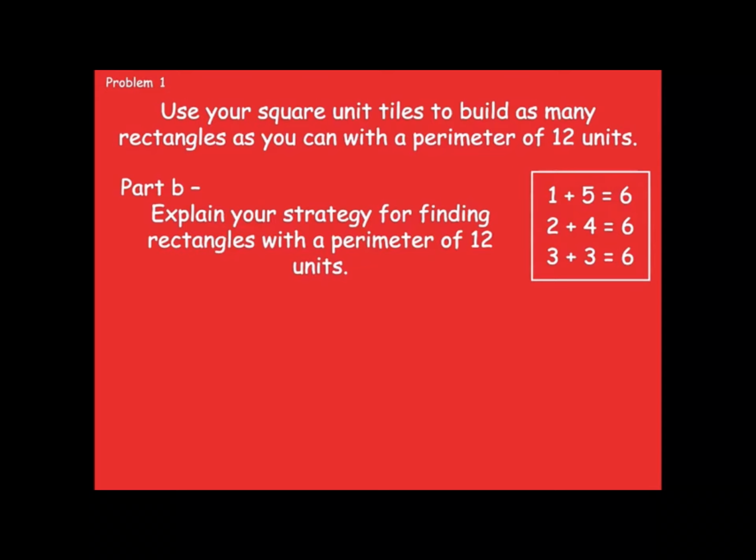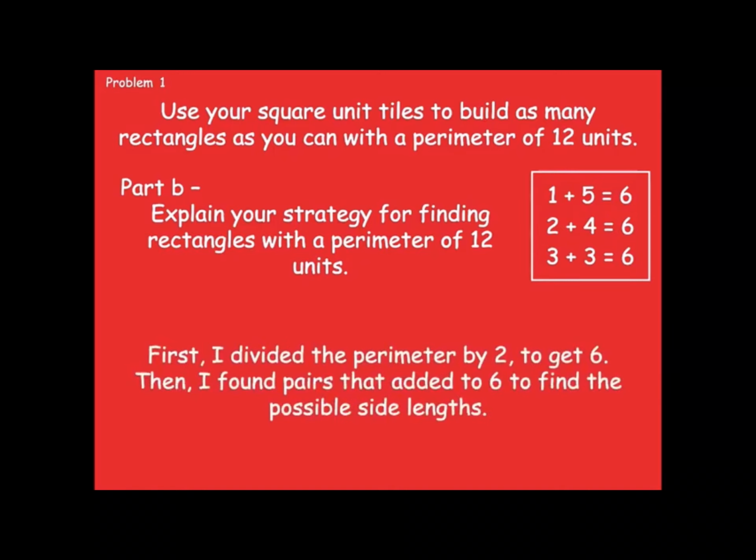So what did we do to find the rectangles with a perimeter of 12 units? Well, this is what I came up with. First, I divided the perimeter by 2 to get 6, right? So if we think back to it, we did 12 divided by 2 equals 6. Then I found pairs that added to 6 to find the possible side lengths.